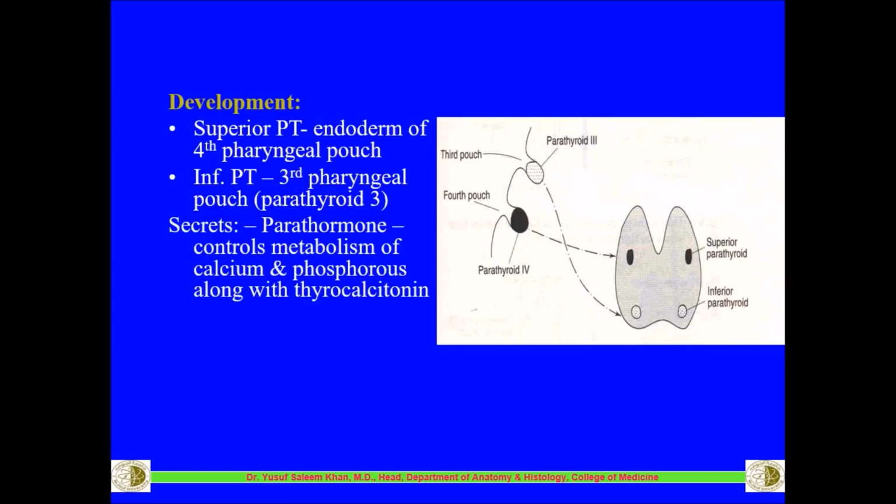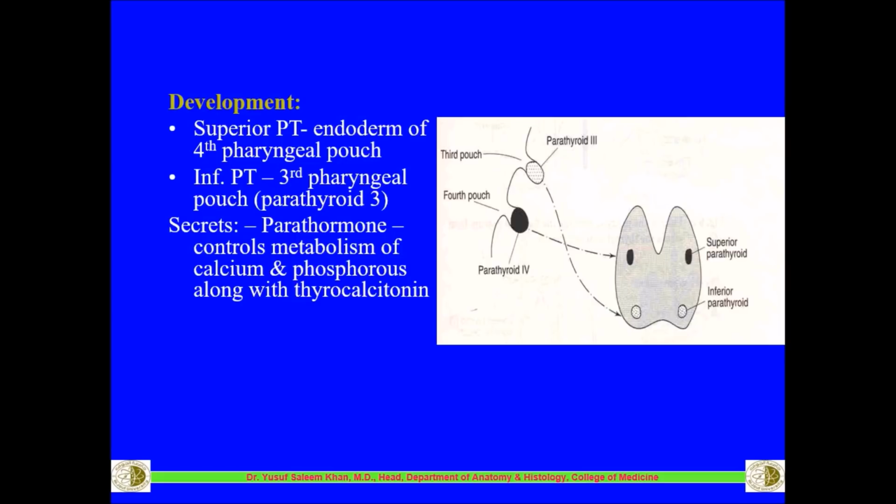Coming to the secretion, the most important secretion from the parathyroids is called parathormone, which helps control the metabolism of calcium as well as phosphorus, along with thyrocalcitonin, which is secreted by the thyroid.